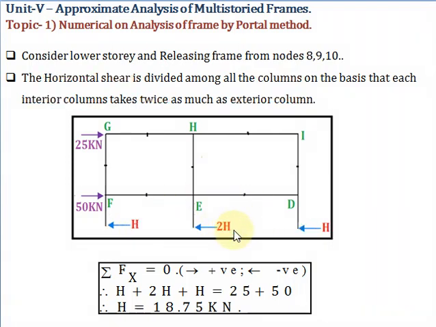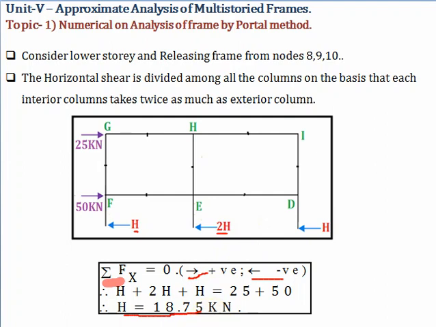By applying the equilibrium equation, summation Fx equal to 0, considering forces acting towards the right as positive and towards the left as negative, H plus 2H plus H is equal to 25 plus 50. By solving this, we get the value of H as 18.75 kilonewton. For the interior column it will be 2 into 18.75.